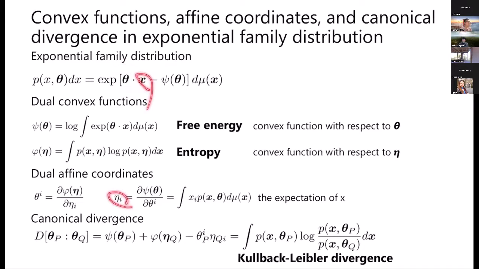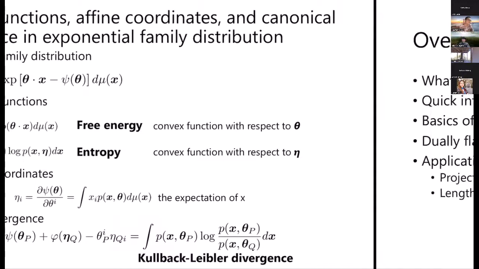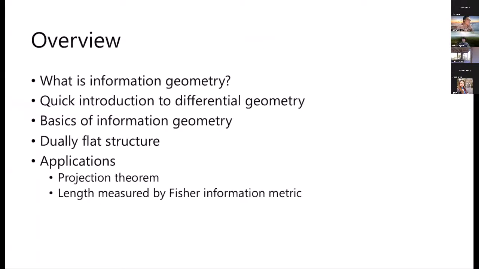The canonical divergence is given by this, and you can compute it as the Kullback-Leibler divergence. So we have everything for the exponential family distribution: affine coordinates, divergence and convex functions. And as I said, this is a flat manifold. So that's the end of the first part.